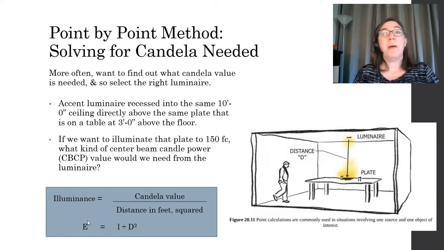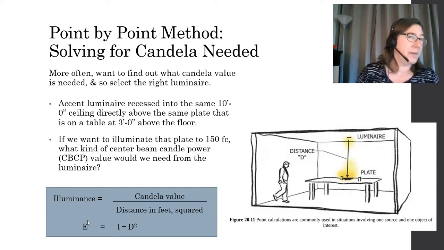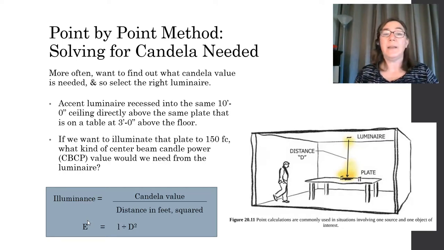But we've already determined we want to illuminate that plate to 150 foot candles, not 204. So what kind of candle power are we going to need from this luminaire? Go ahead and pause your video, pull out your calculator, and see if you can do this calculation.